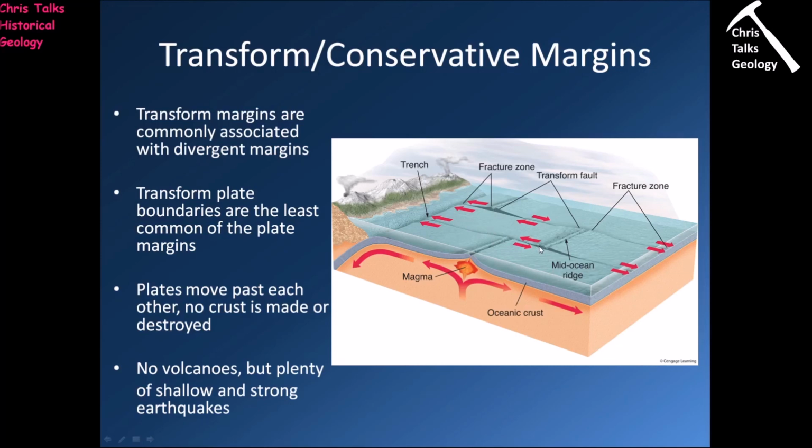And I've heard people argue it either way. I personally feel that these big transform faults are not transform plate boundaries. They're actually part of a divergent plate boundary, so they're not quite right. But either way, the pieces of crust move past each other. In terms of transform plate boundaries, we get no volcanoes because nothing's melting, but we get plenty of strong, shallow earthquakes.